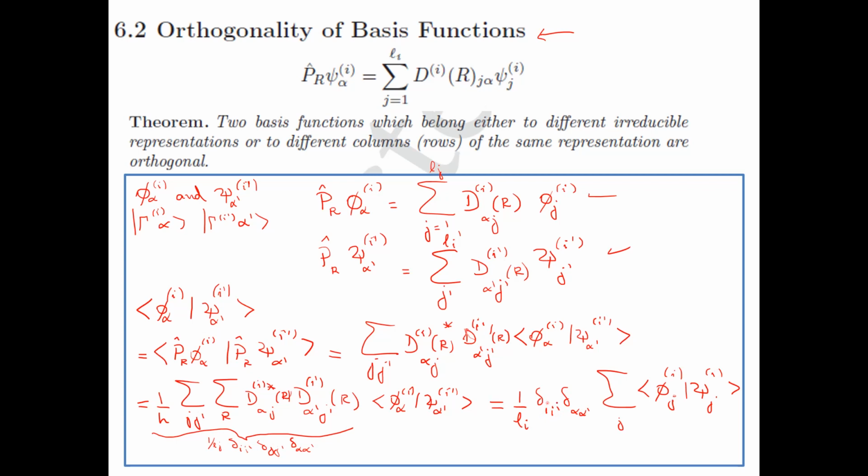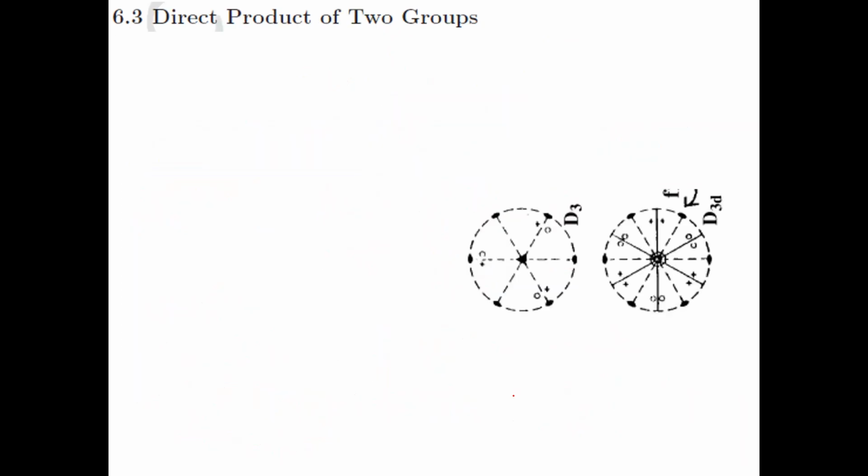So this number is only going to be different from 0 when I have the same representation, I equals I prime, and the same partner, same row or same column, right? Alpha equals alpha prime. So this is the proof of a result that we have been using actually so far, but this is the rigorous proof of that. Okay? So this is the first thing I wanted to show.